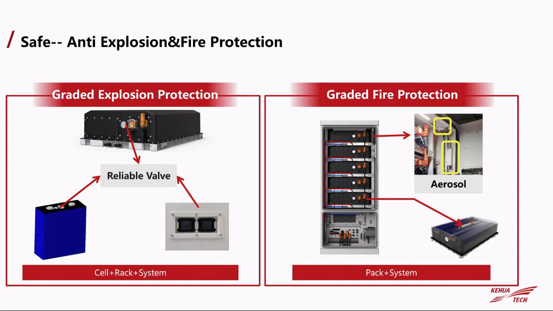And also there is a smoke detector to detect smoke. If the temperature inside the battery pack or in the cabinet reaches a certain value, maybe about 100 centigrade, the aerosol can release gas to react with the oxygen to prevent the system from fire risk.